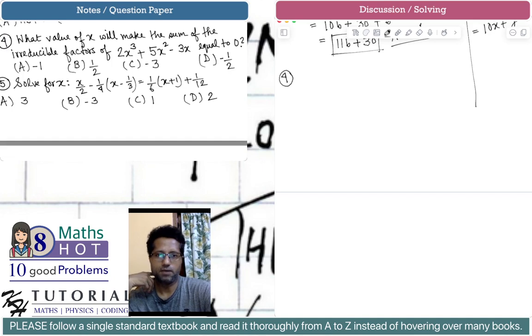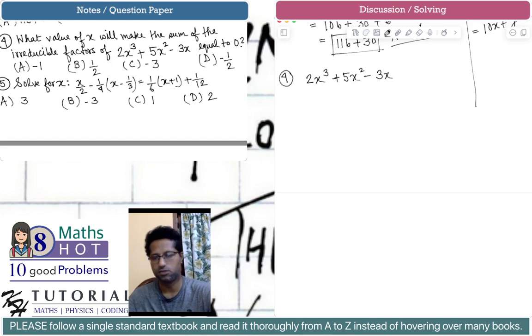First we see what the irreducible factors of the given polynomial are, which is 2x cube plus 5x square minus 3x. So the first task will be to find the irreducible factors of this polynomial.